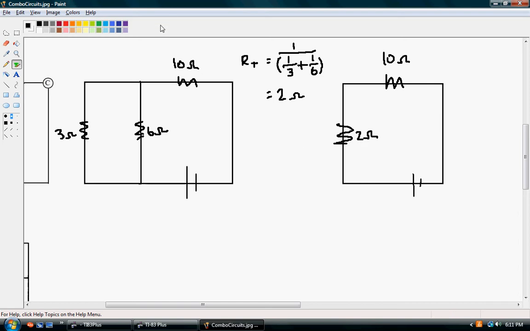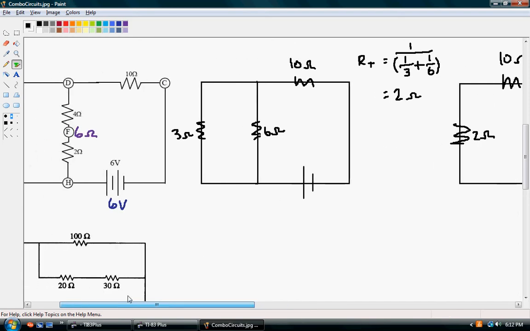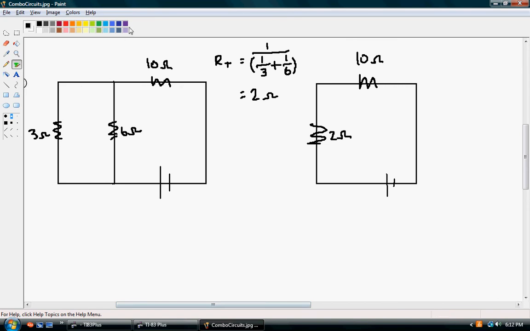Alright, so now we can find our total resistance. Now that this 10 ohm resistor is in series with an equivalent resistance of 2, we can say that our total resistance is 12 ohms. We also know that our total voltage was 6 volts, and we can use V equals IR to find our total current.